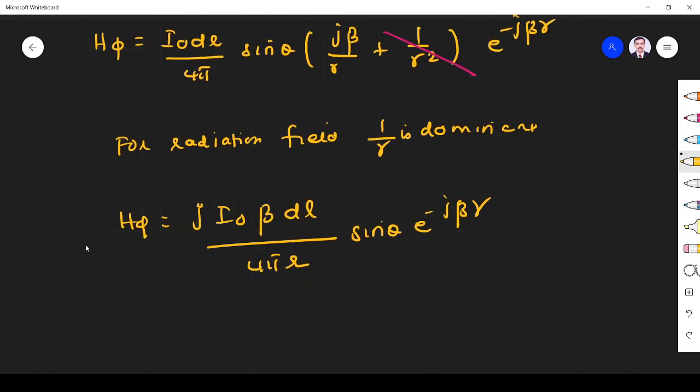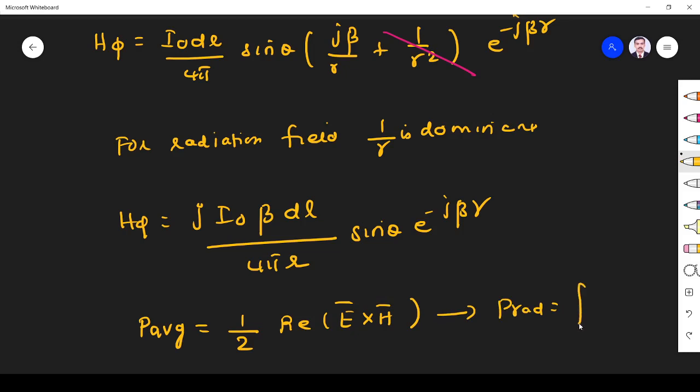Today we are going to find the power radiated and the radiation resistance. The logic we are going to use is, first we find P average, which is equal to 1 by 2 real part of E cross H. From that we find P radiated, which is equal to the integral of P average dot ds.